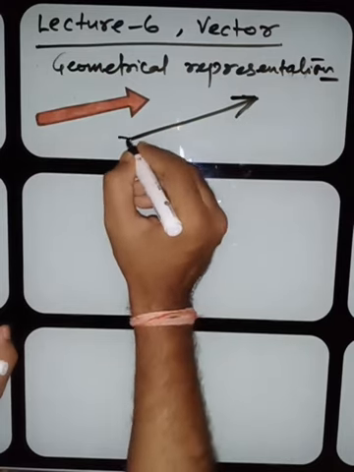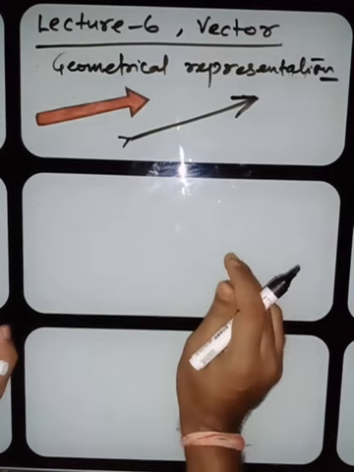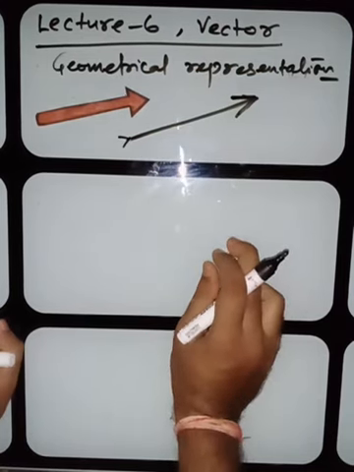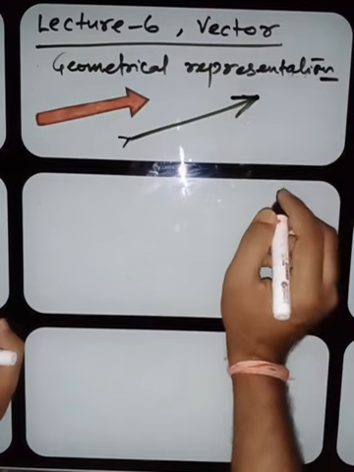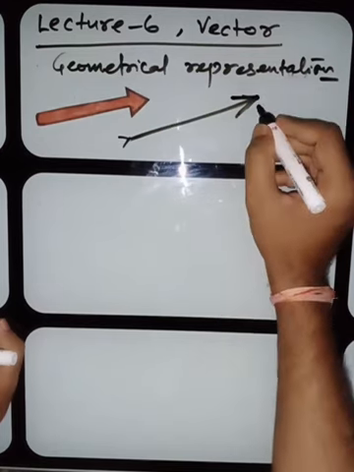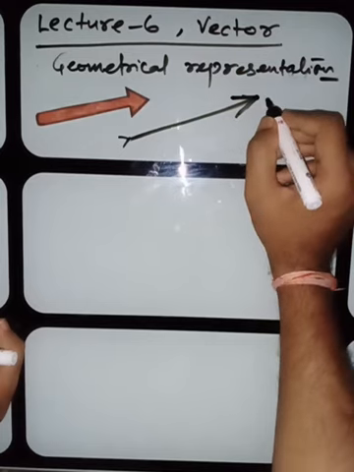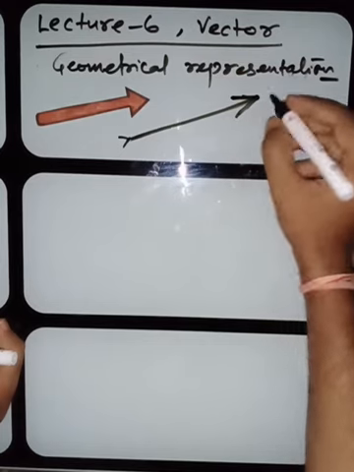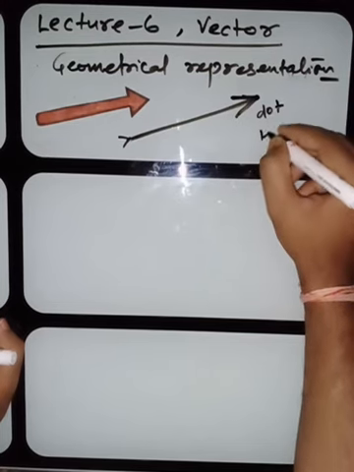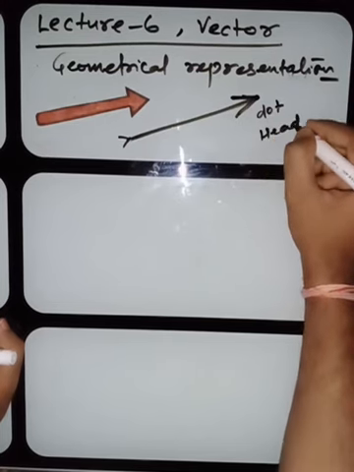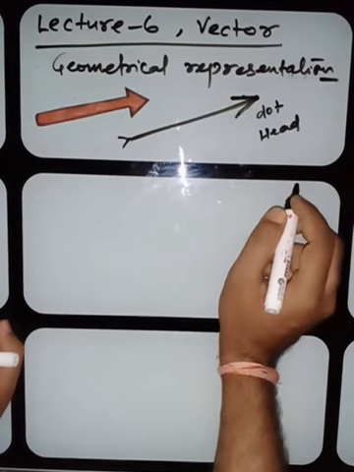Here, the arrow, you will see it is made like this. You can see it is pointed. That's why this portion is called the dot, or head, of the vector.